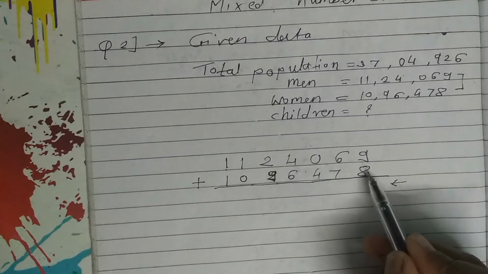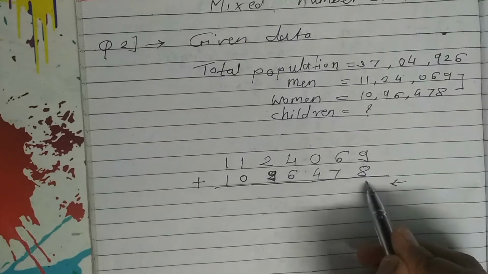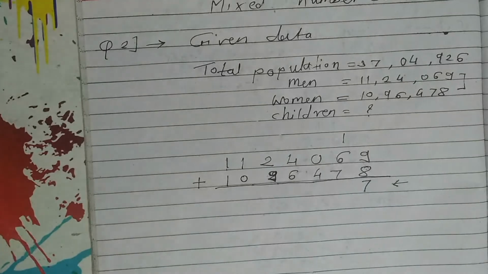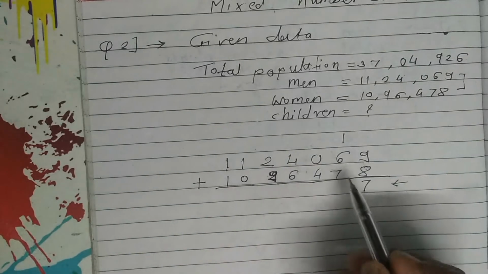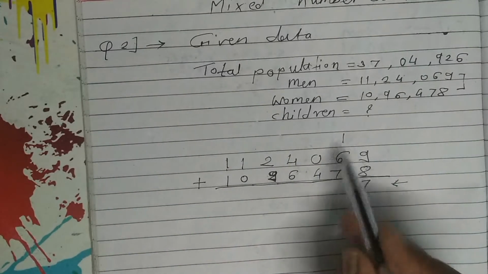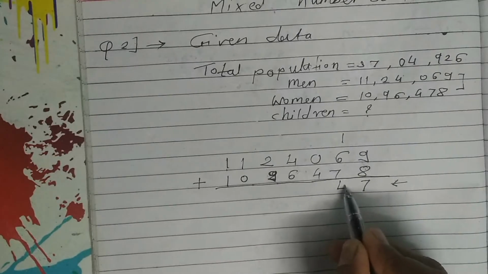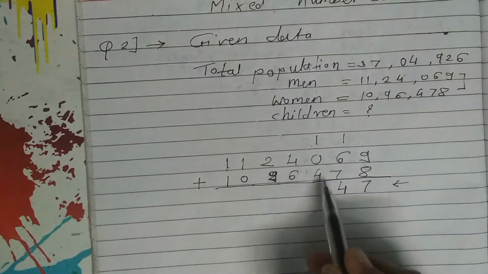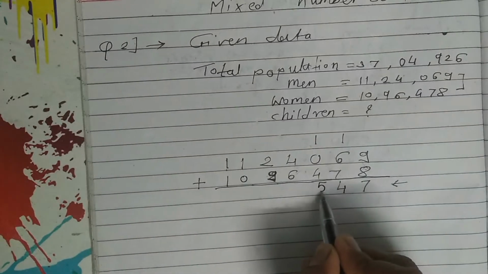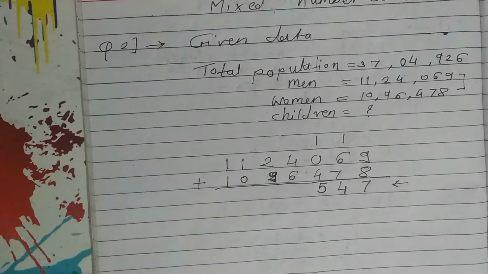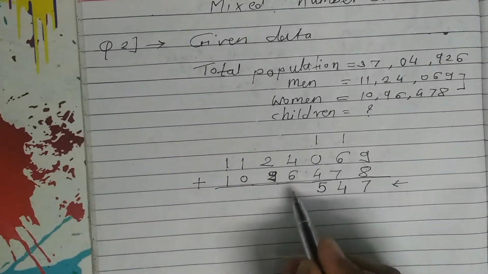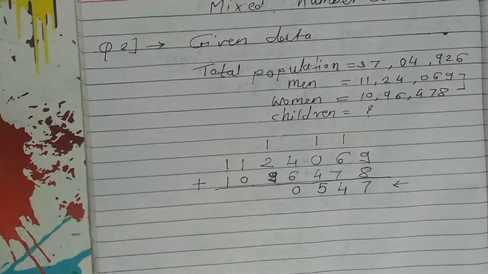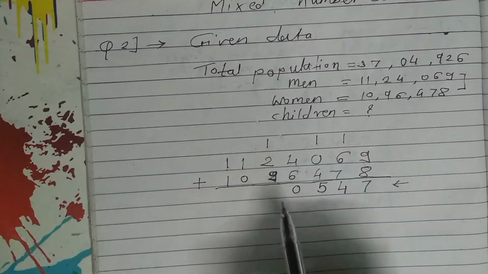Start from the last digit, from unit place, to add the numbers. So write here 8 plus 9, 17. So 7 will be here and 1 will be carry. 7 plus 6 plus 1, 14. So 4 will be here, 1 will be carry. 4 plus 1, 5. No carry. 6 plus 4, 10. So 0 will be here, 1 will be up. 9 plus 1, 10 plus 2, 12.